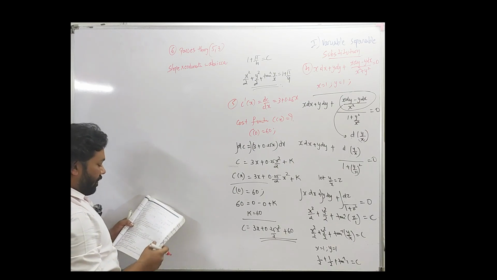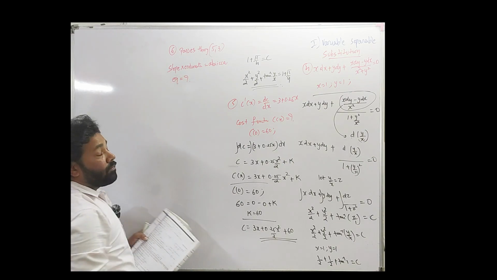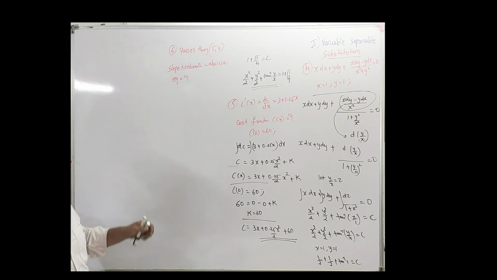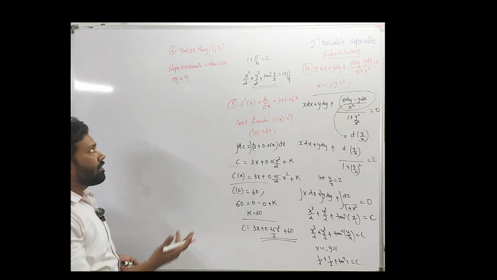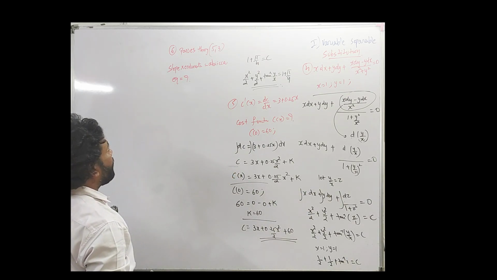Find the equation of the curve and identify. So we are required to find the equation, and the equation represents which geometrical figure, either square, parabola, or maybe ellipse. We are required to find that.